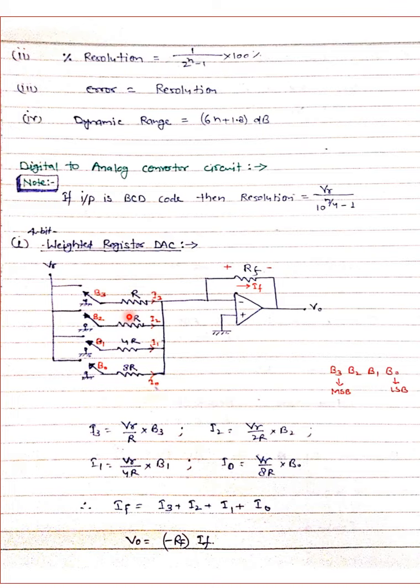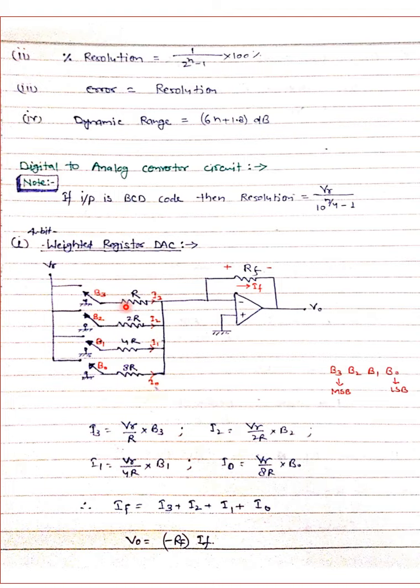You have to notice here that B0, that is the LSB, is connected to the maximum weighted resistor, and B3, which is the MSB or most significant bit, is connected to the least resistance value.